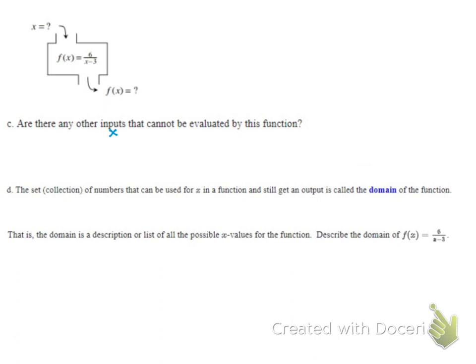Since this is a fraction, if we look at the machine inside, it's actually a fraction, the whole thing. We know, or hopefully we know, we can put any number in the bottom of a fraction. So you can divide by anything. You can divide by 2, you can divide by 7, you can divide by negative 19. I mean, it might get ugly, but you can divide by almost any number that you want. The only thing you're not allowed to divide by is 0. We don't know how to do that. So we cannot divide by 0.